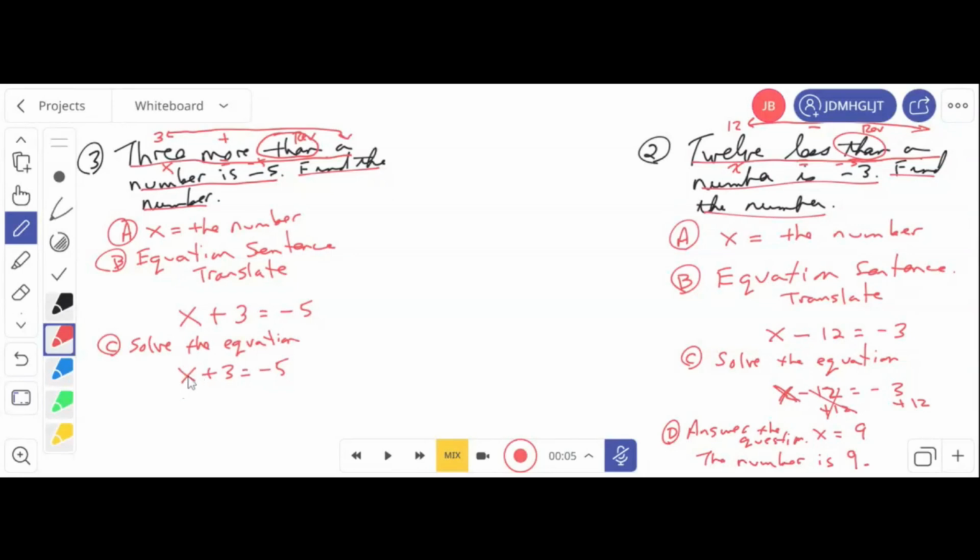There is. That's the x. There aren't any other x's. Step 5, undo addition or subtraction. So we're adding 3, so I need to subtract 3 and subtract 3. The 3's add out. We're left with x. -5 and -3 is -8.